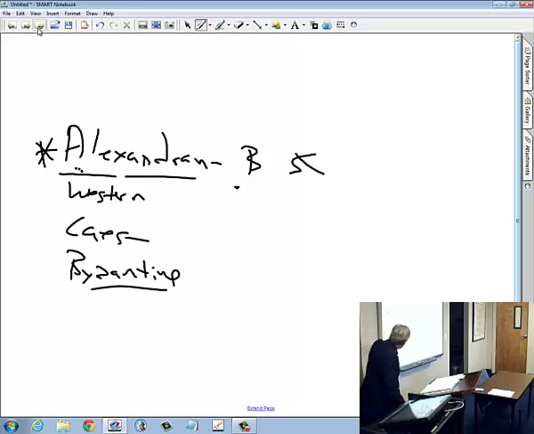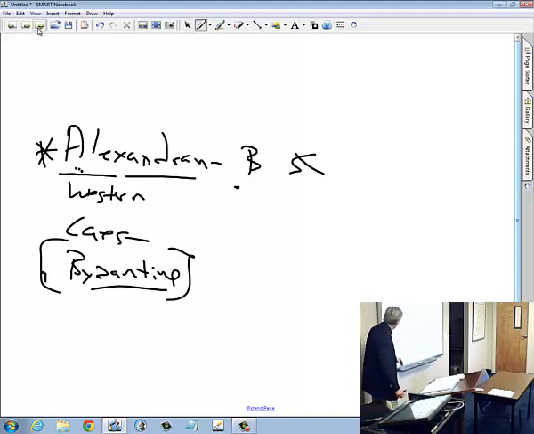Because if I put this on the same level as an independent witness to the original text, then that gives it more weight, you see. But if I see this as just a revision, it reduces its significance, notwithstanding the fact that you have most of the manuscripts being there. Witnesses are to be weighed and not counted. And when you weigh these, they're not nearly as heavy as those two.